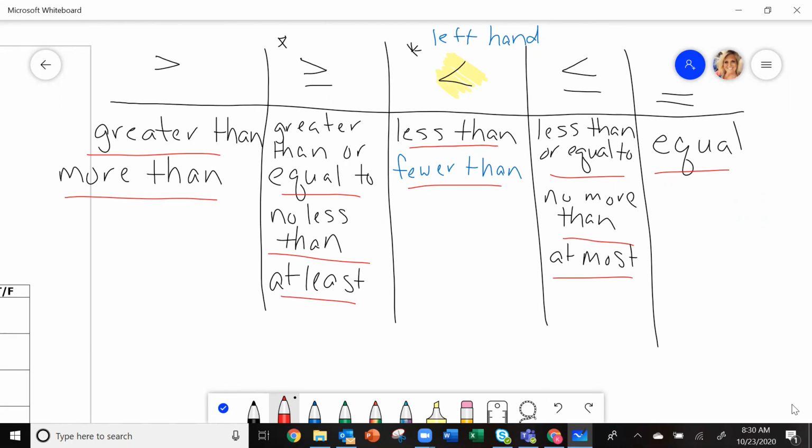No less than, got that one. At least, at most, no more than. I'm trying to look through my list here. Can you think of other phrases that might go in here? Keep this list going, and as we go through some of these, we'll add more to them.